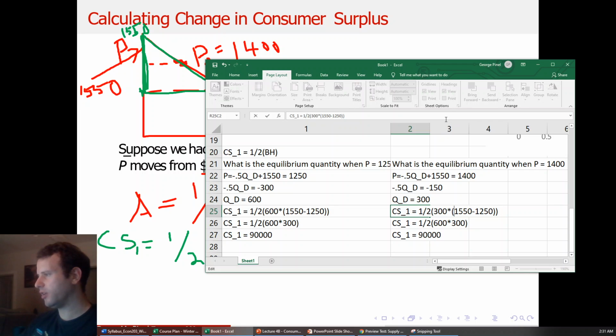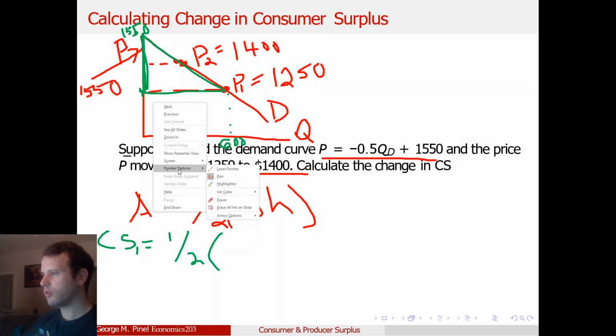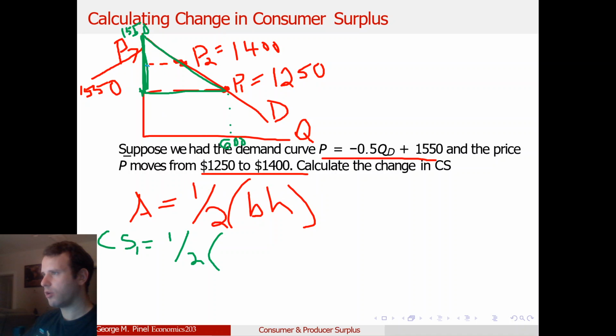What's the new height? It's still going to be 1550, but now it's 1550 minus 1400. So CS2 is when price 2 is equal to 1400. We have a new equilibrium quantity down here, which we said was 300.